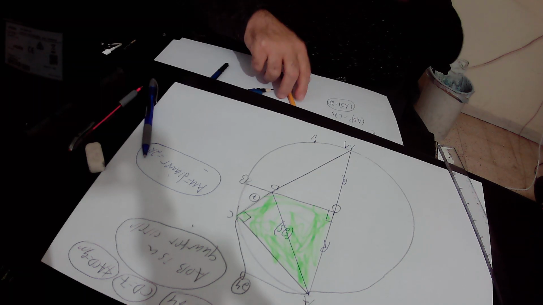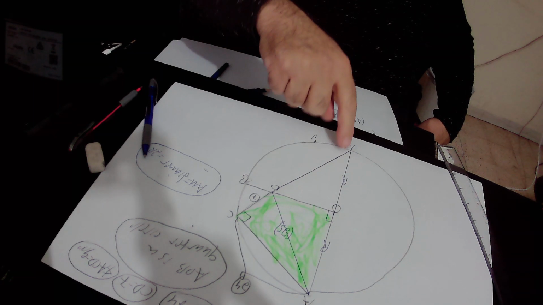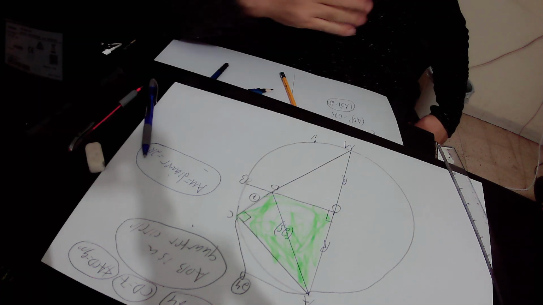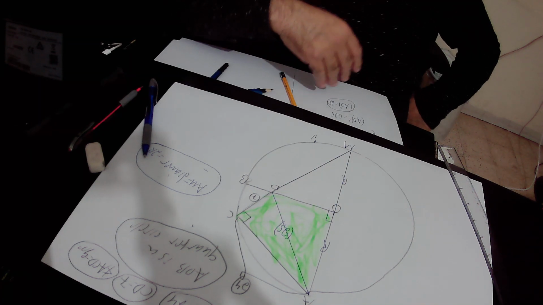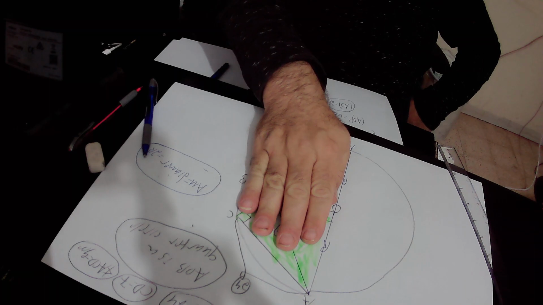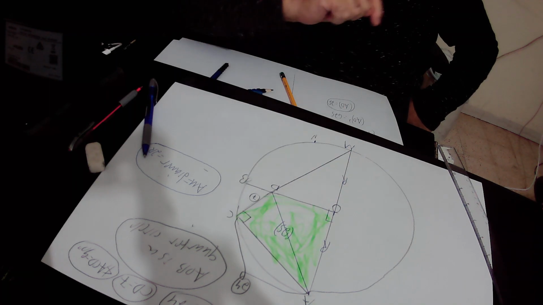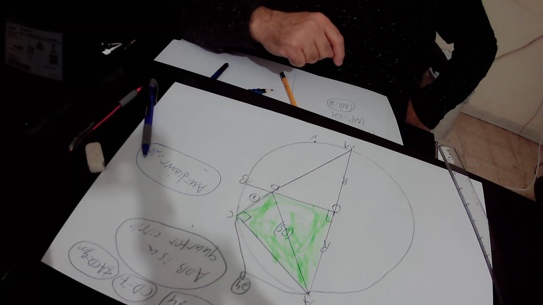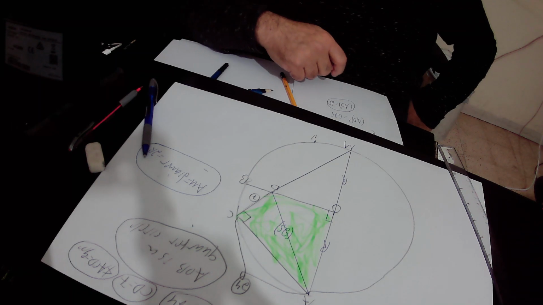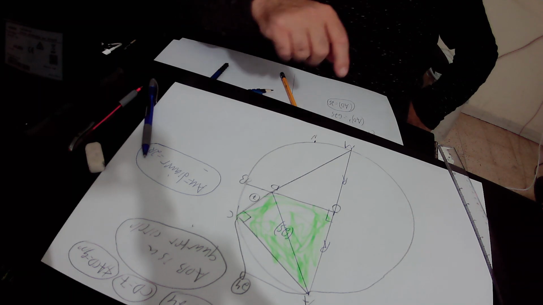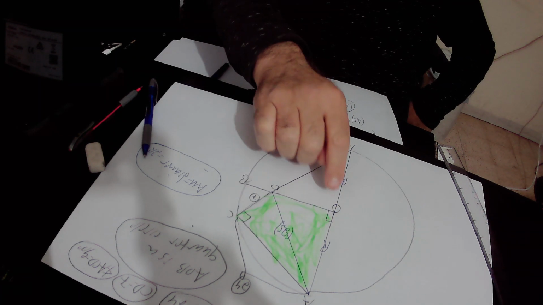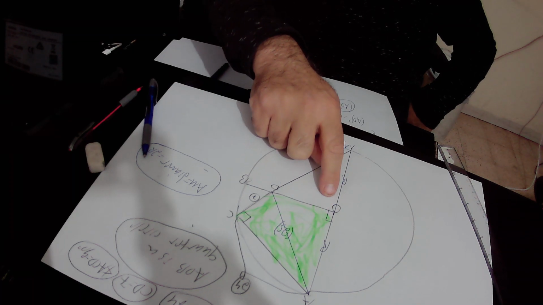So AM is the diameter of the circle, therefore it is absolutely a straight line. If you focus on this side of the straight line AM at point O, here the sum of the angles must be equal to 180 degrees. So which angles we have? At this side of AM at point O, we have this angle that is equal to 90 degrees plus the missing angle.